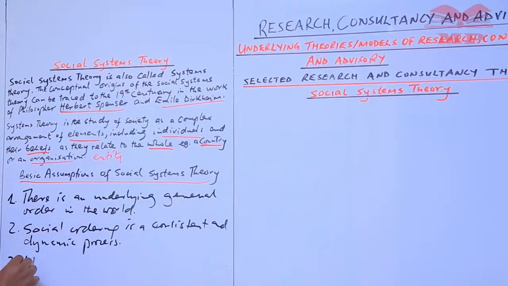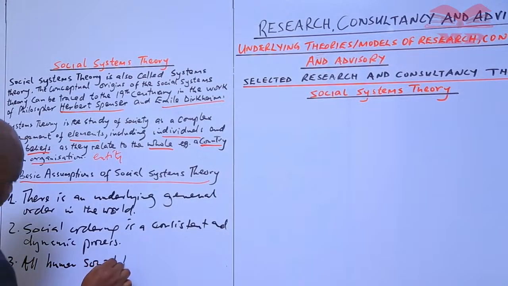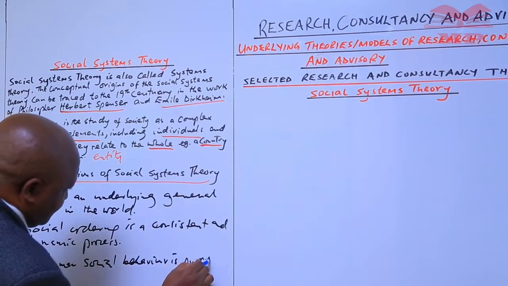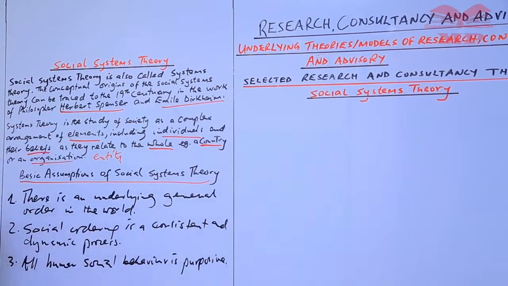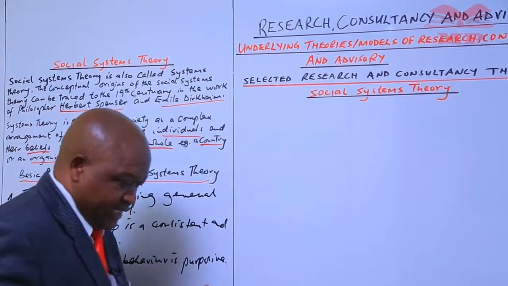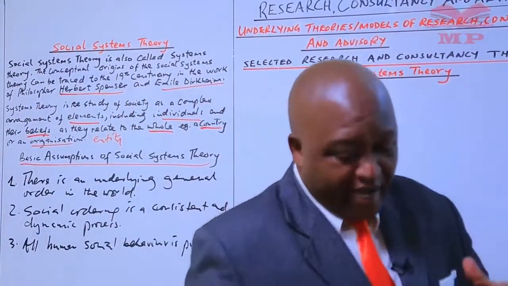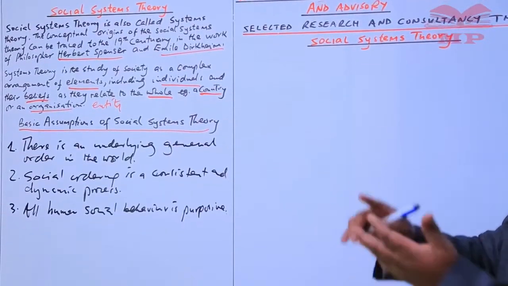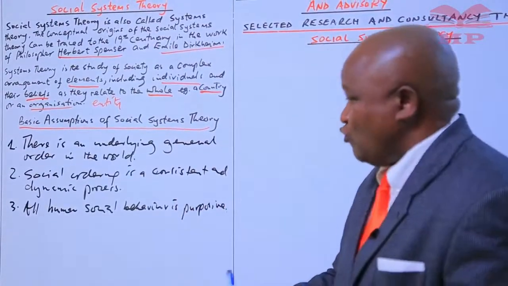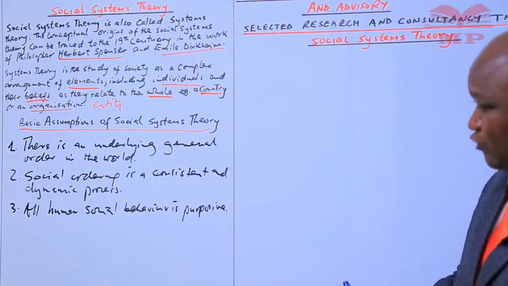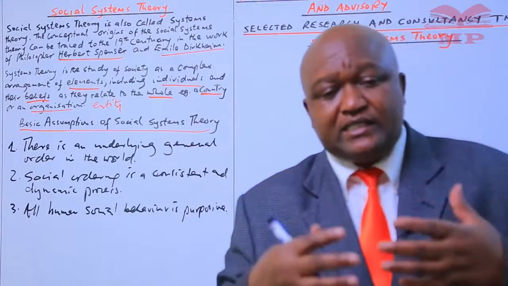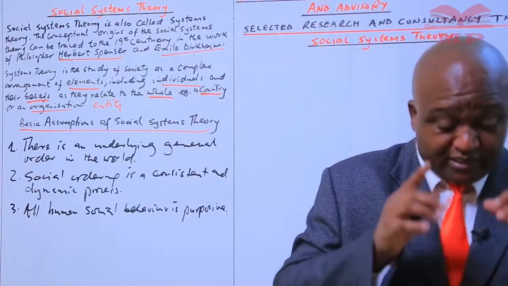What this assumption indicates is that any behavior exhibited by an individual in a company, in a country, or in any system, whether it is a church or any group, is purposive; it has a purpose.